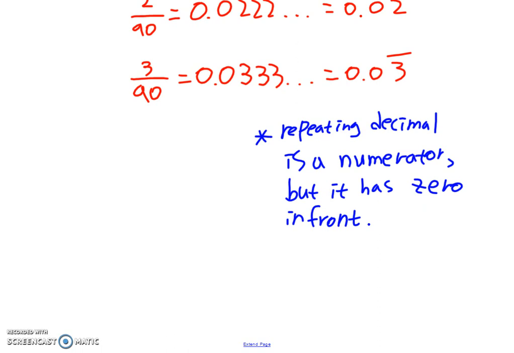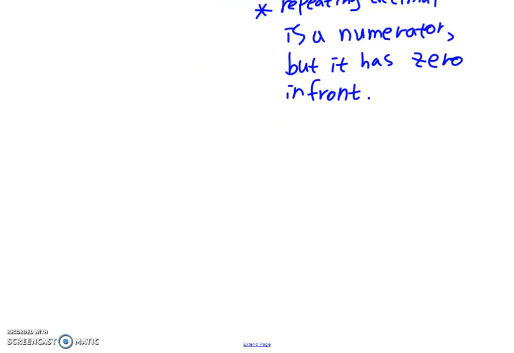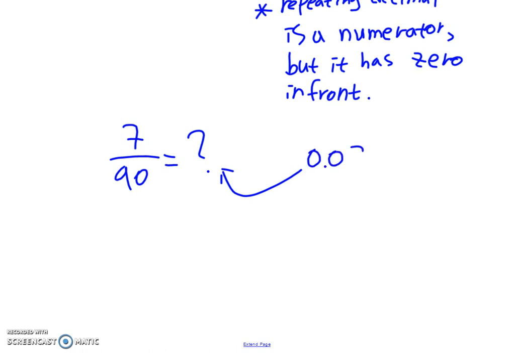Which means I want everybody to write this down and predict what the answer of 7/90 will be without using a calculator. I want you to pause this video momentarily after the go. Go! Right. If the kids understand what's going on here, they should get the conclusion that it's 0.07 and the repeating decimal is 7.